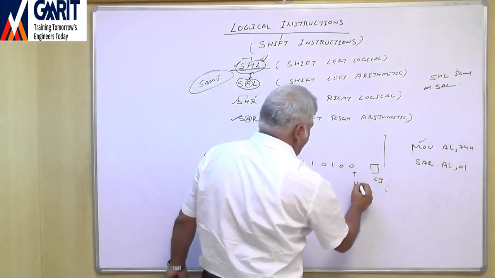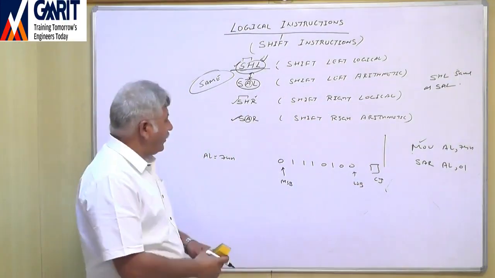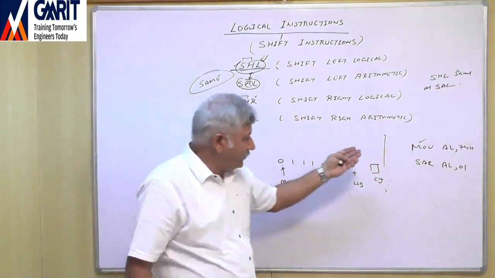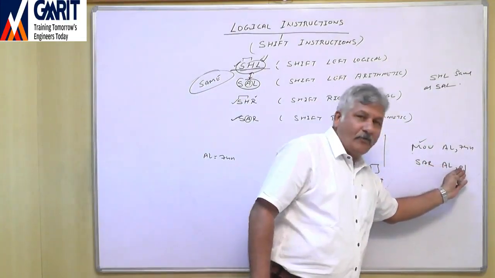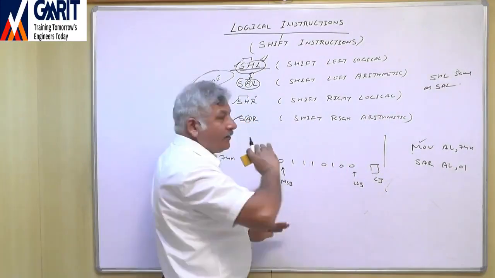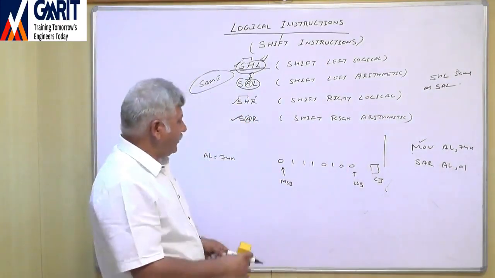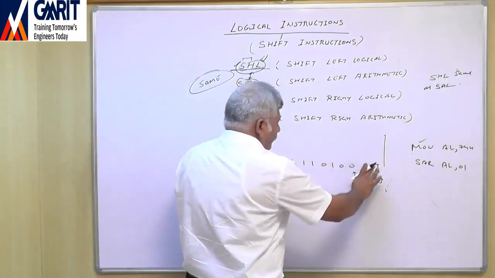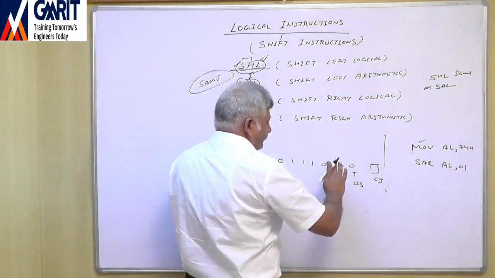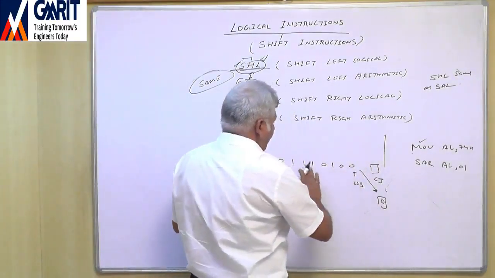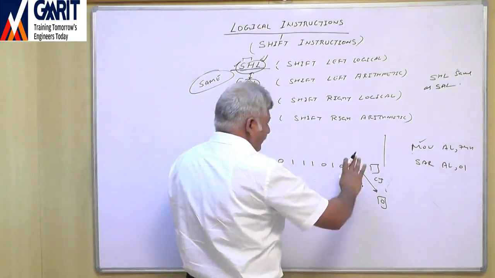Now, in case of SAR instruction, since at the count place we are having 1, it will shift the number right side arithmetic. So this 0 will go to carry flag, and all the numbers will be shifted right side.